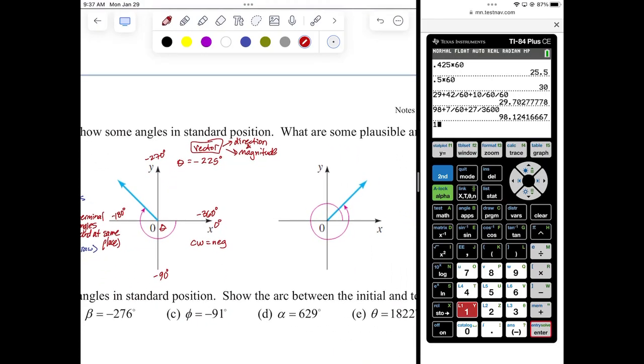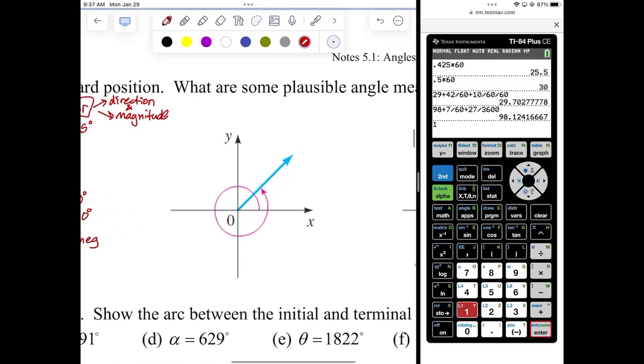All right, let's take a look at this fellow over here. Is this going to be a positive or negative angle? It's positive because we're rotating counterclockwise. And it looks like we go all the way around, right? All the way around plus another 45. So that should be 360 degrees plus another 45 degrees, which will end up being what?